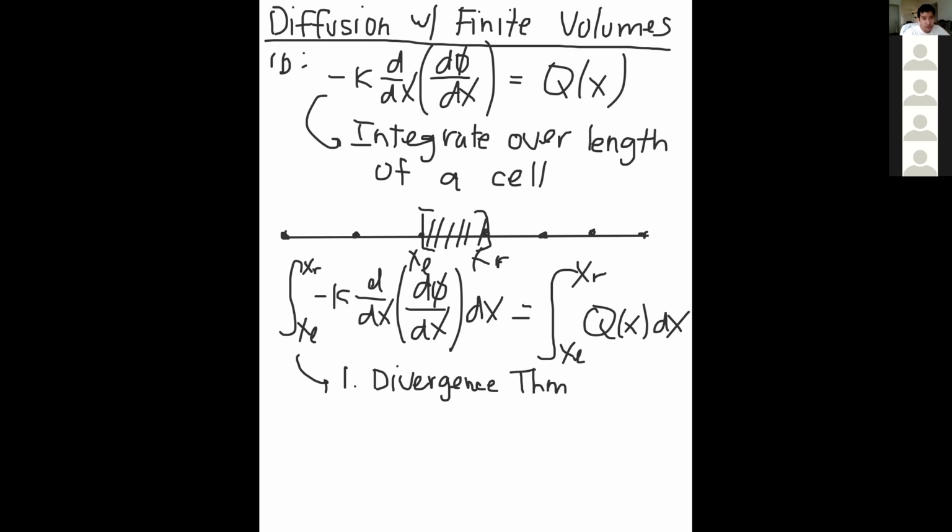It lets us turn the integral on the left-hand side, which is over the entire length of the cell, or in 2D the entire area of the cell, into quantities that we can evaluate just at the boundaries. For 1D, the divergence theorem is simply doing the integral, but you'll see the power of the divergence theorem once we do 2D problems.